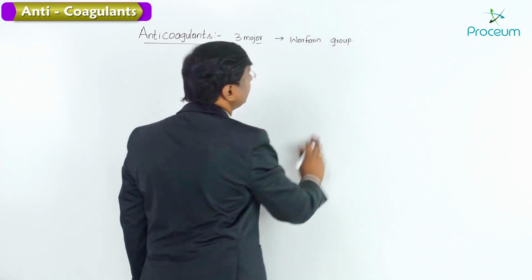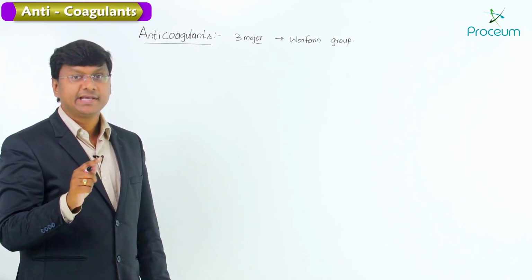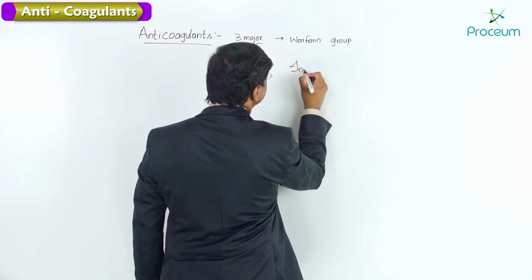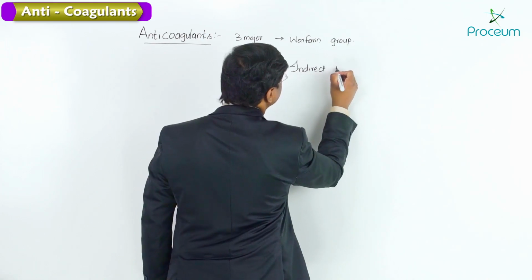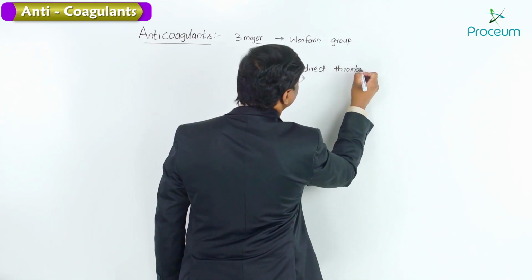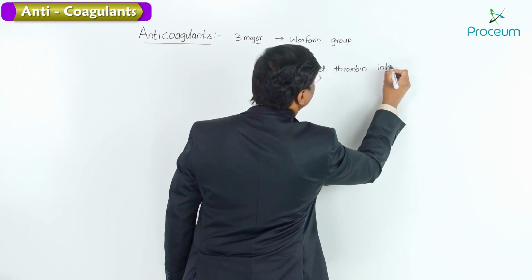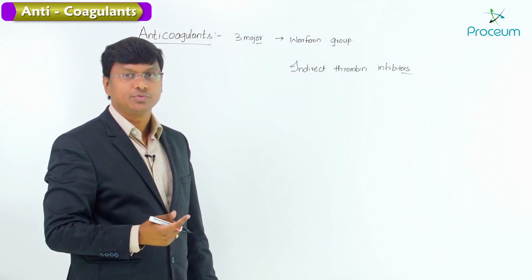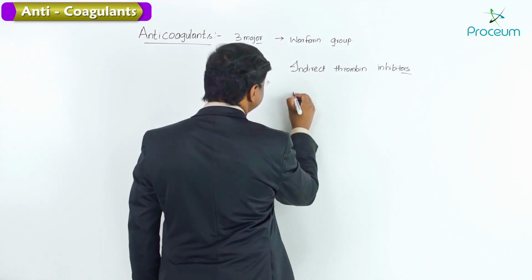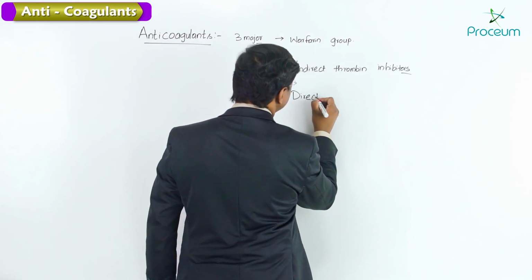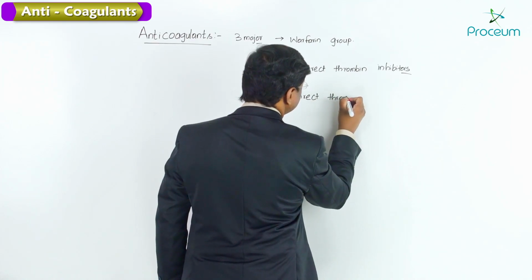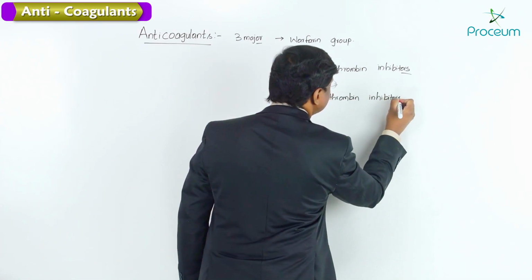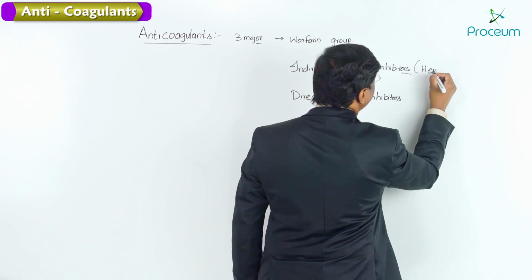Number two, we have indirect thrombin inhibitors, that is the Heparin group. And number three, direct thrombin inhibitors.